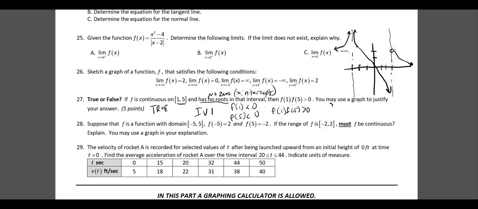Suppose that f is a function on the domain -5 to 5, and f of -5 is 2, and f of 5 is -2. If the range of f is -2 to 2, must f be continuous? Explain. You may use a graph for this explanation.